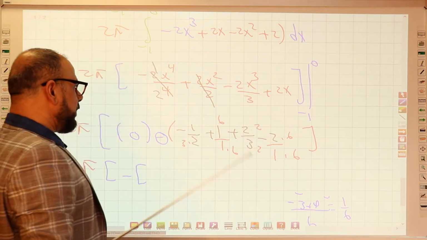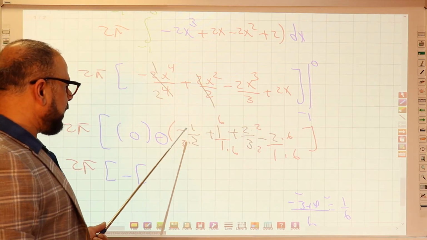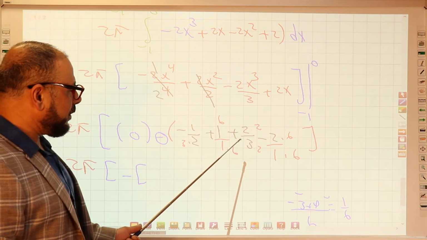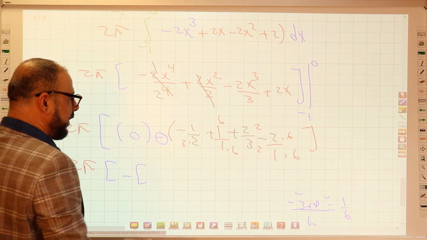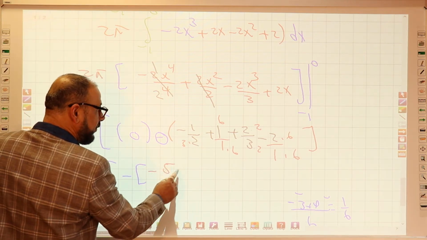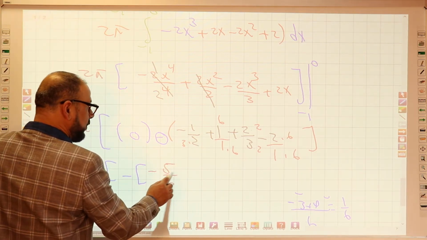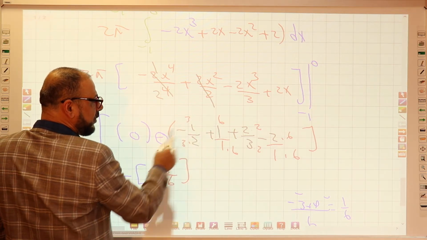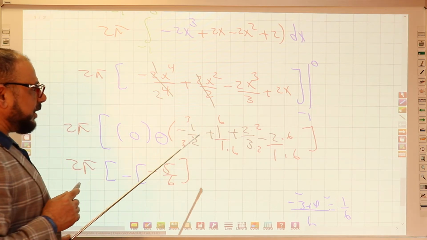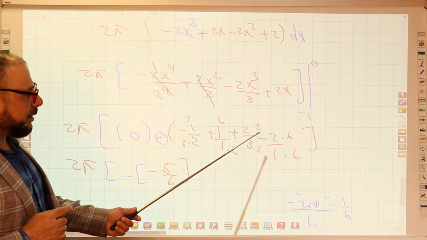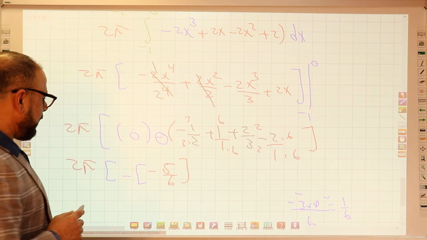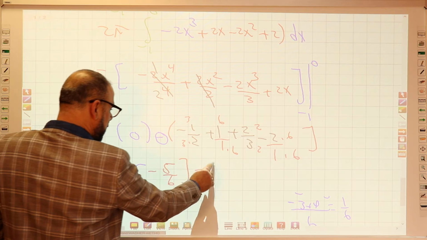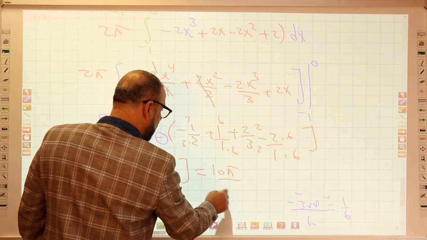This is going to be negative 3, then plus 6 is 3, plus 4 is 7, minus 12 is negative 5. Then negative and negative is positive, so 10 pi over 6.